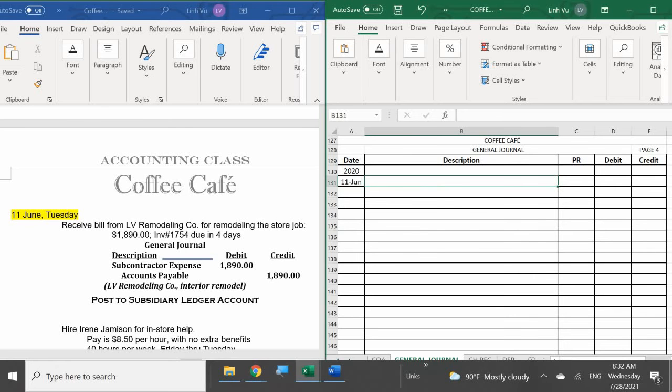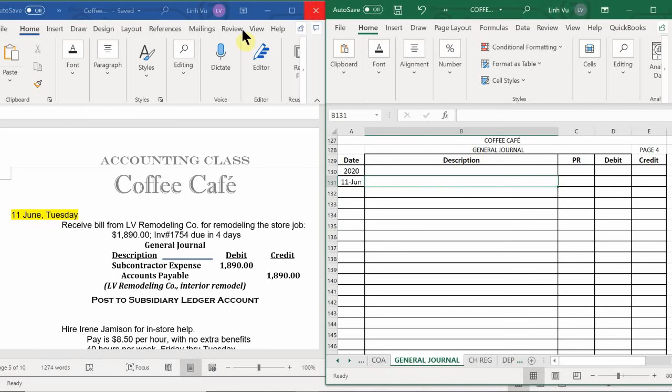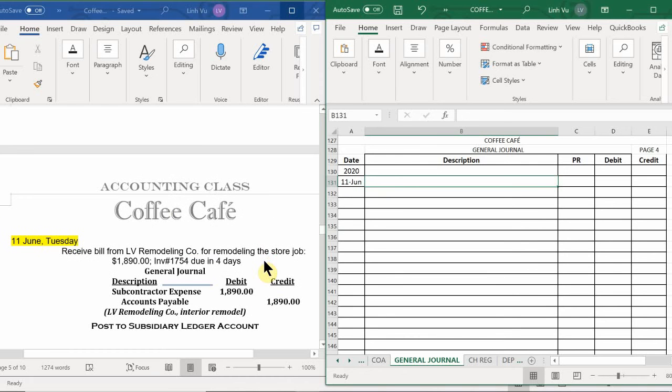It's accounts payable, right? Is it similar to Kim Robinson's bill, the same process? Yes.